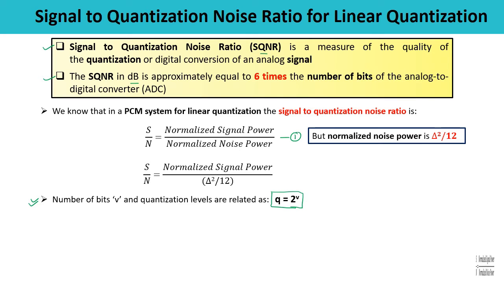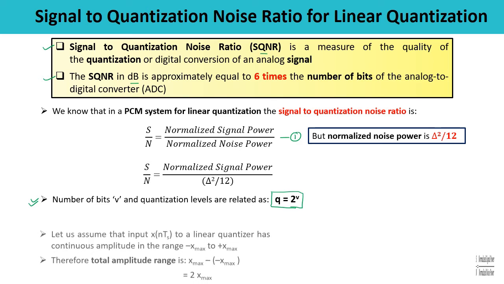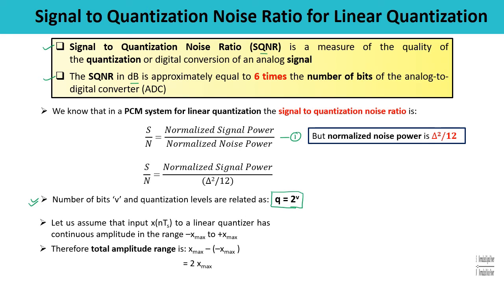If we say that the input, which is x(t), to a linear quantizer has a continuous amplitude in the range from minus X max to plus X max, means the total amplitude range will be 2 times X maximum.